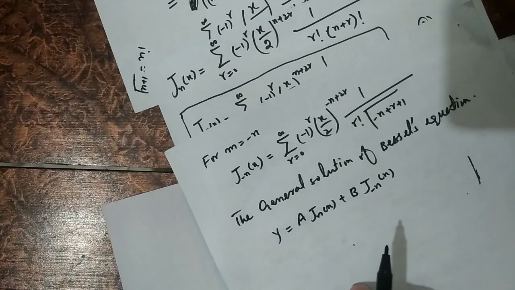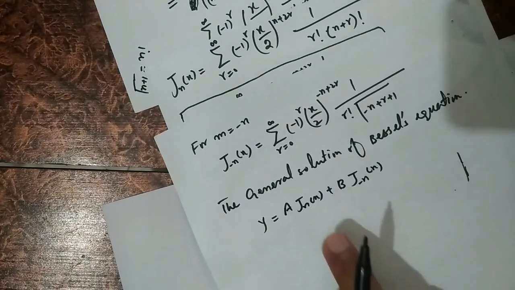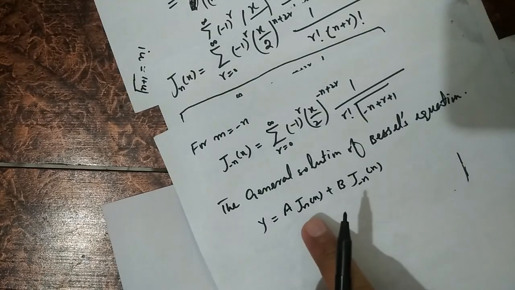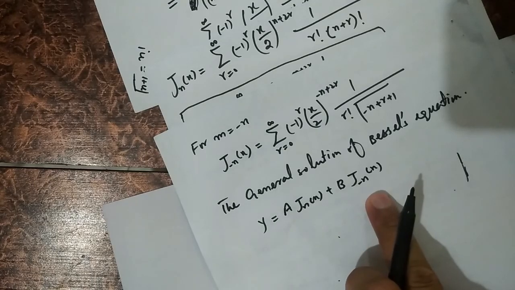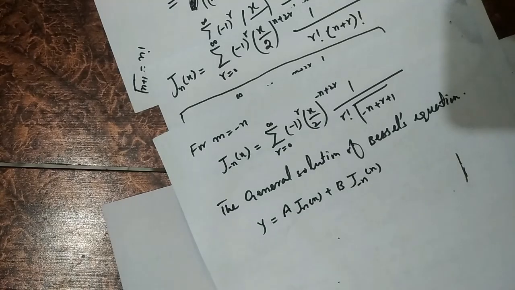So it will be the linear superposition of both the functions for positive and similarly for negative n, where a and b are some constants. Thank you very much.